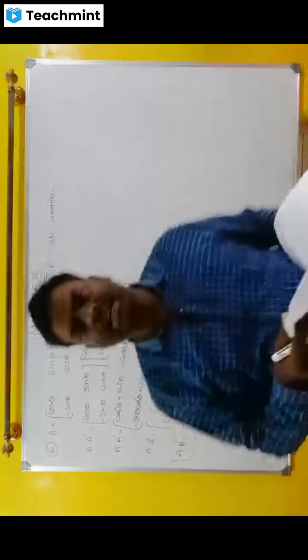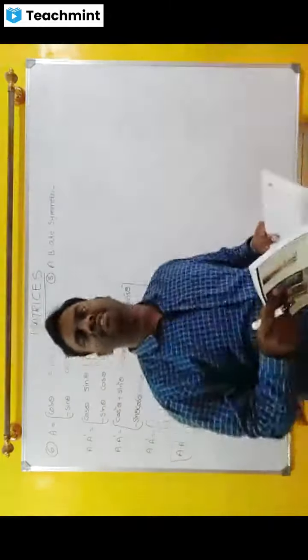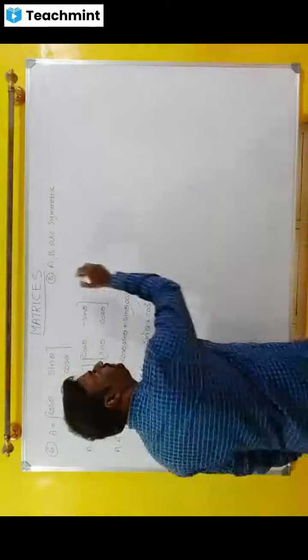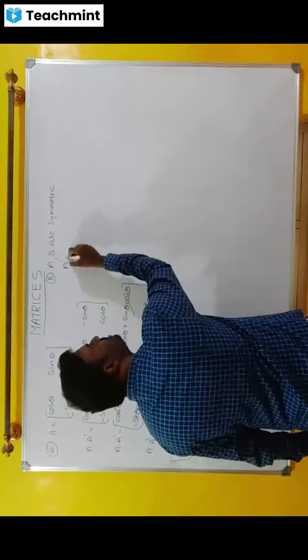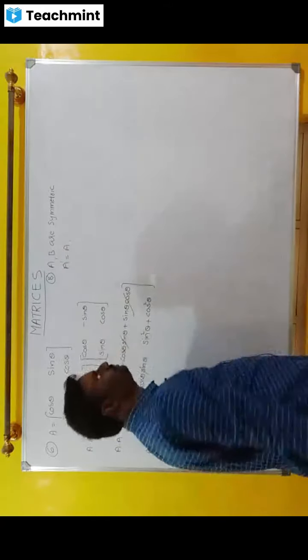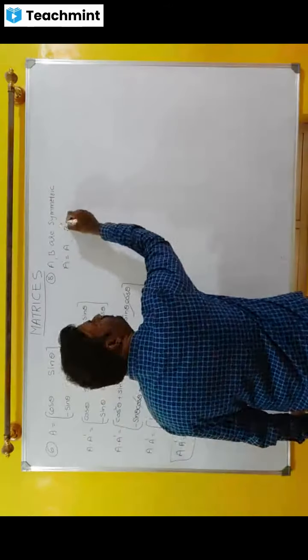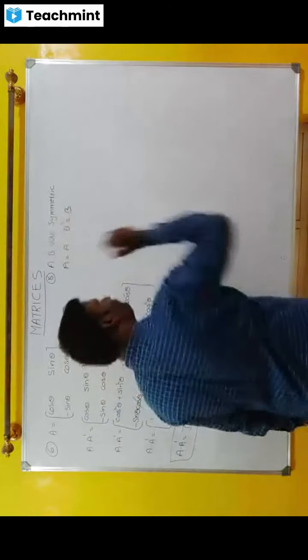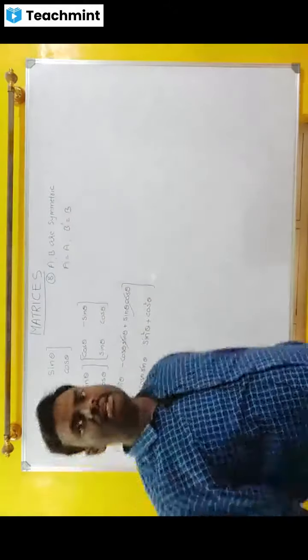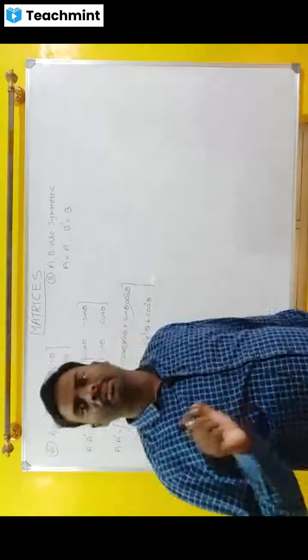Okay. What is the condition for a symmetric matrix? In yesterday's class I explained that the symmetric matrix definition is A dash is equal to A. Similarly, B dash is equal to B. Okay, this is the definition for a symmetric matrix.